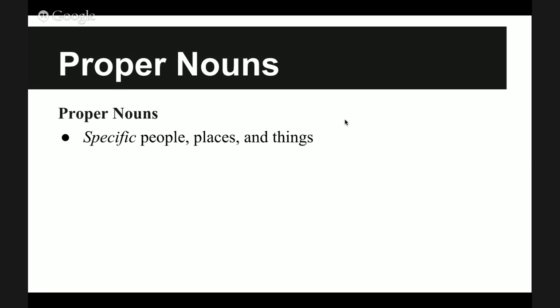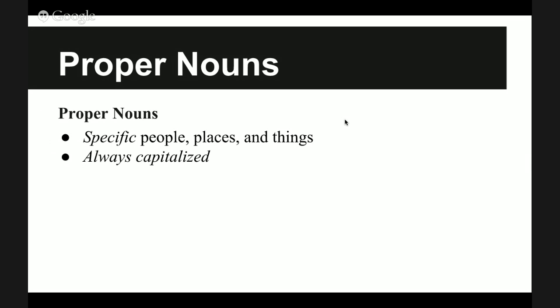Nothing else could substitute for that particular noun. That is a proper noun. So it is specific, irreplaceable. And the important grammatical rule that corresponds to proper nouns, they are always capitalized without exception. So make sure you know this rule. Proper nouns are always capitalized.